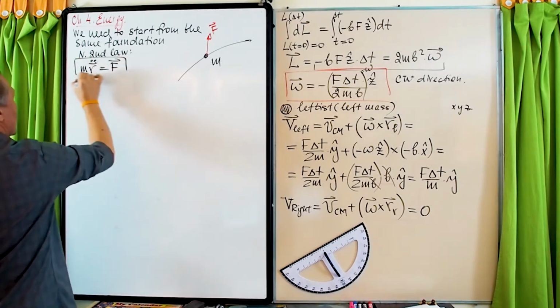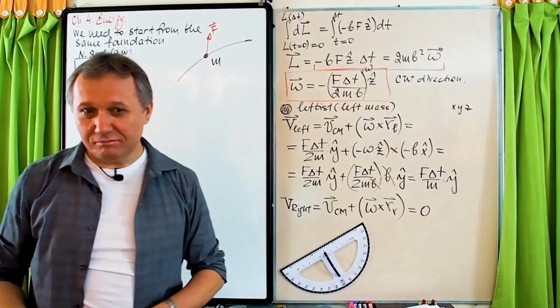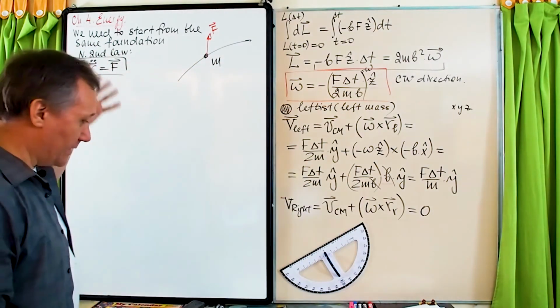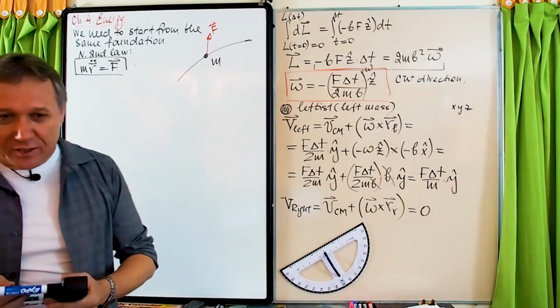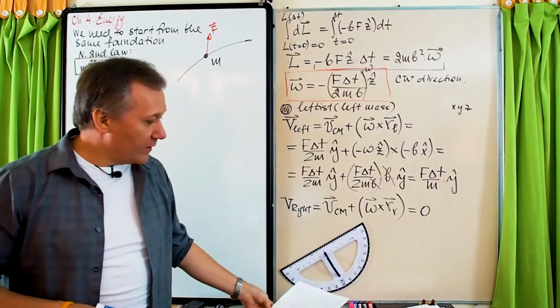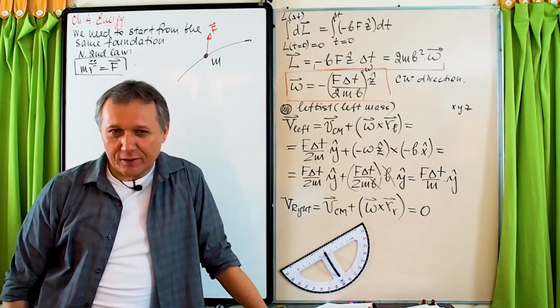m r double dot equals the force. So that's the foundation, and now we need to somehow develop scalar quantities out of that. Which mathematical tool can lead us from vector quantities to scalar quantities? We all know that.